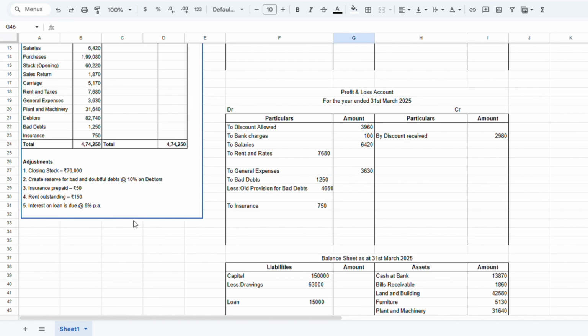Next, create reserve for bad and doubtful debts at 10% on debtors.